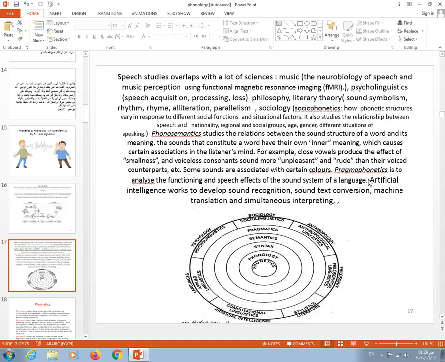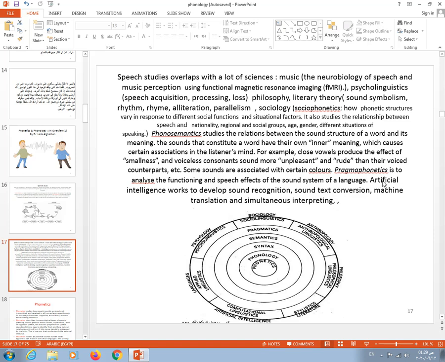Pragmatics also interacts with phonetics and phonology, especially phonetics, in order to have something called pragmaphonetics. First, we know that pragmatics is the study of meaning that's intended by the speaker.